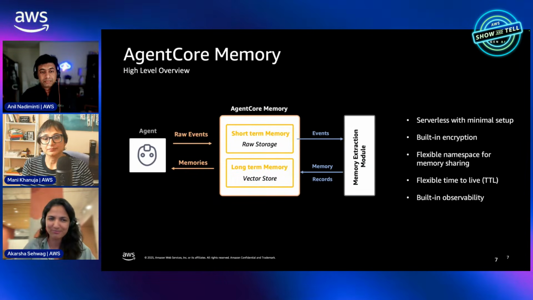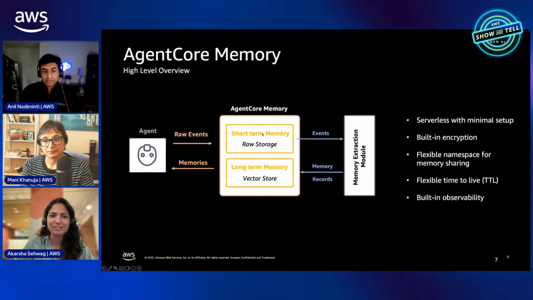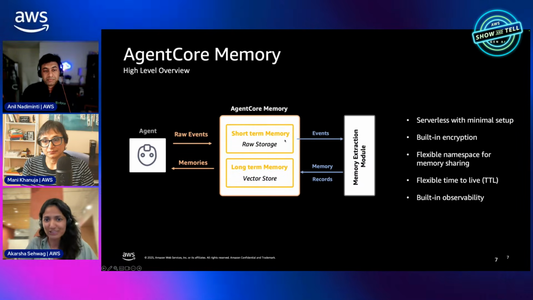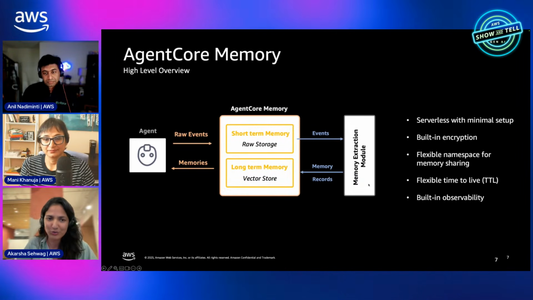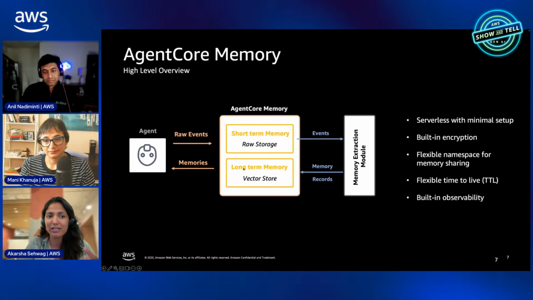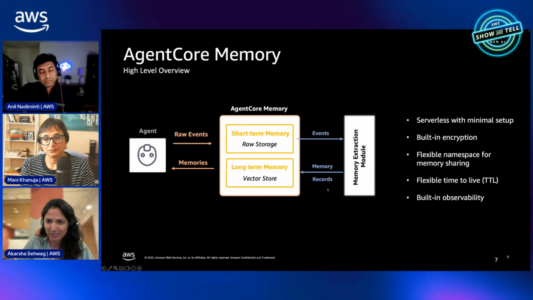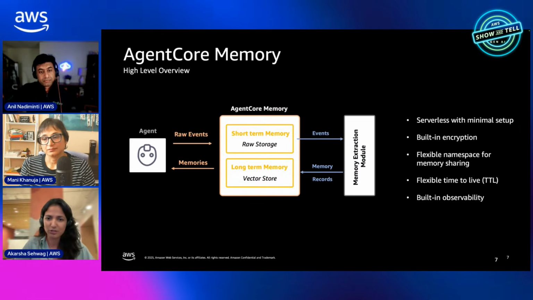It can act as your agent's working memory essentially. And here's where it gets powerful. These events are also being processed through a memory extraction module and stored into long-term memory as memory records. So this could be the learned facts or concepts, based on how you configure the long-term memory to be.